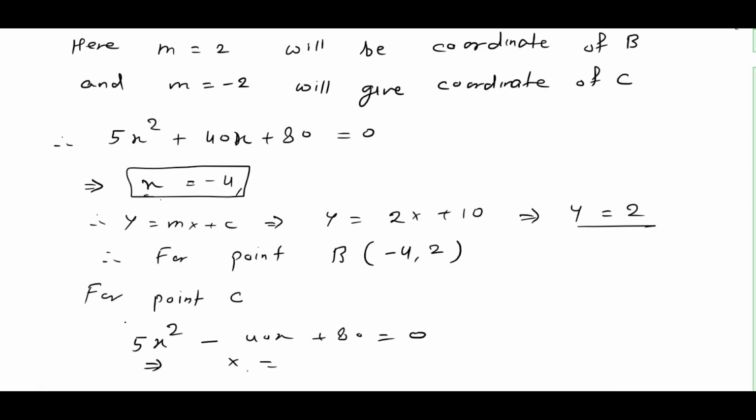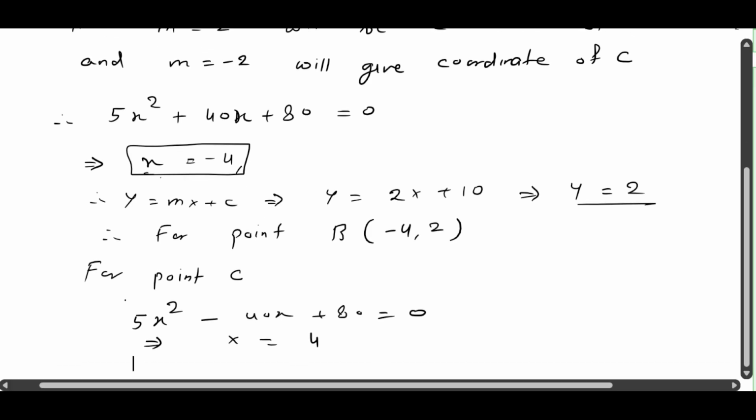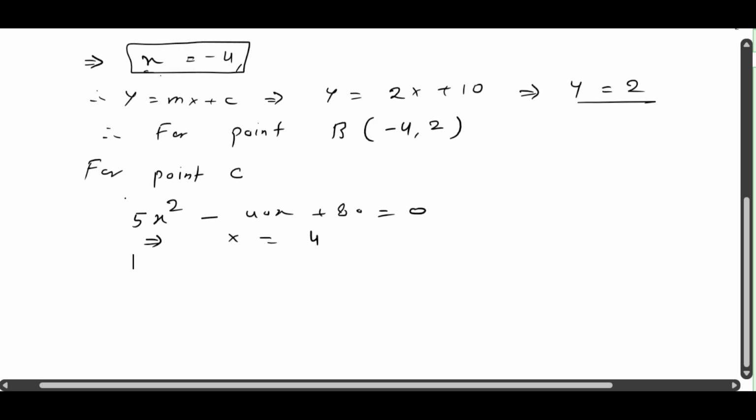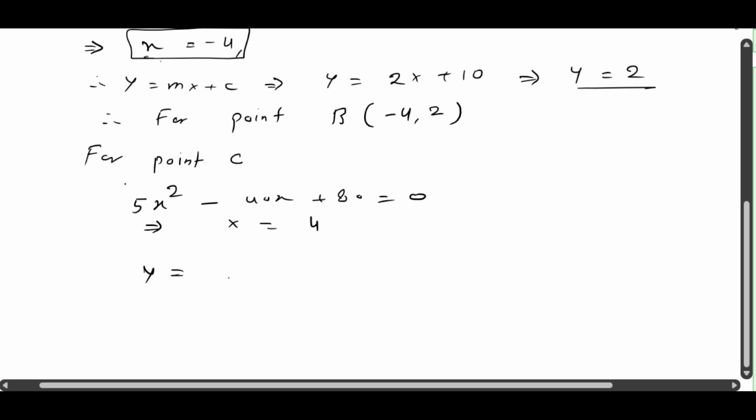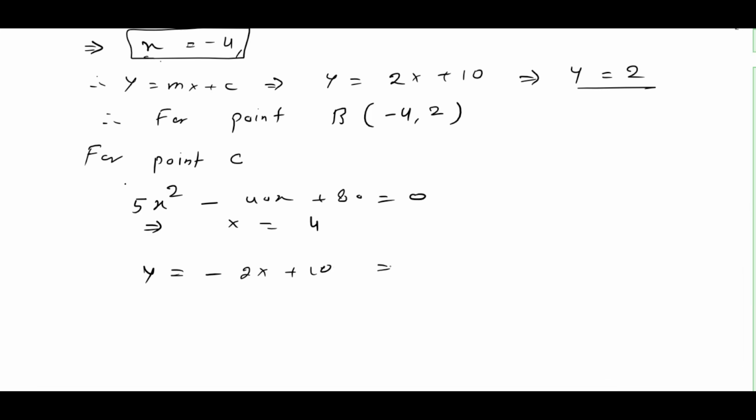So here in this equation, for the second point, we will use −40. Okay, so I will get x = 4, right? So x = 4. Now the equation is y = −2x + 10, which will imply that y = −8 + 10.